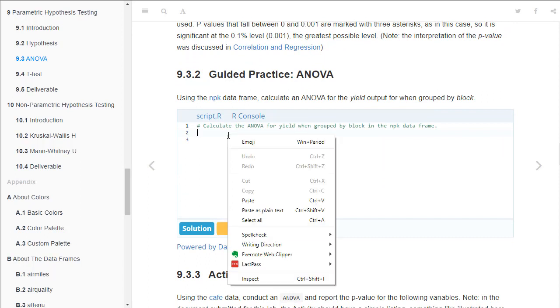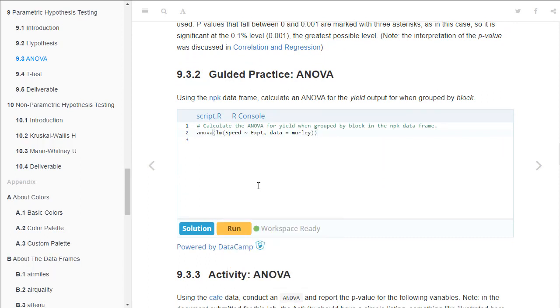Now I'm going to copy this, and let's take a look at our guided practice. I'll paste this in. For the guided practice, we want to use the NPK data frame. This is an experiment where we varied the amount of nitrogen, phosphorus, and potassium in a field and looked at the output. So we're going to look at yield when grouped by block.